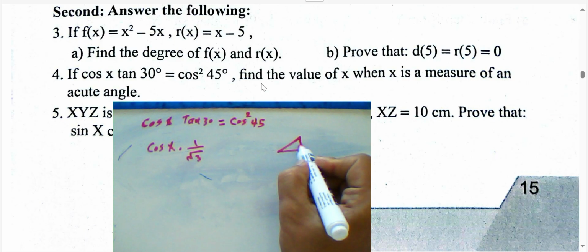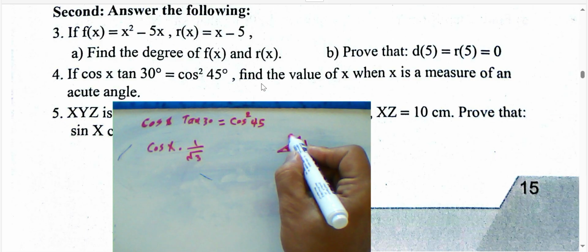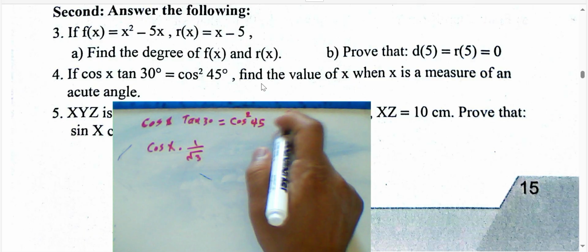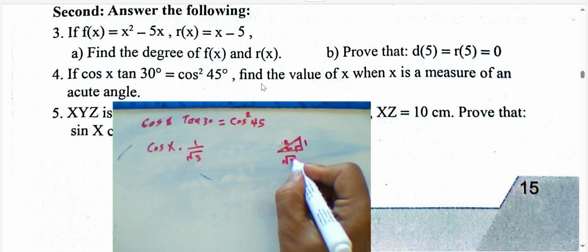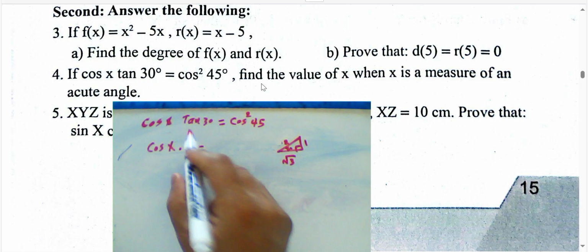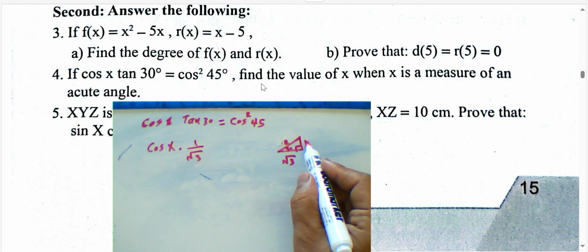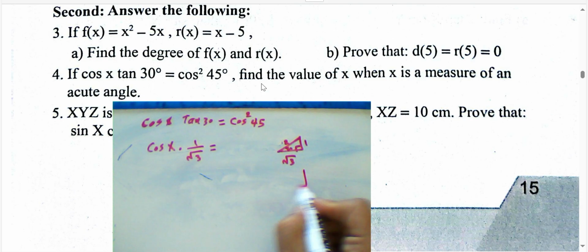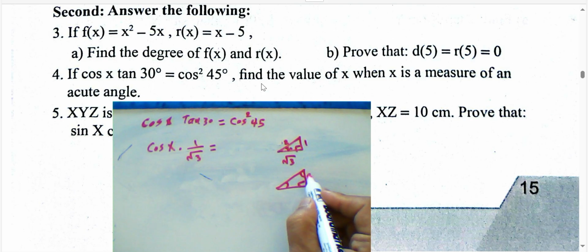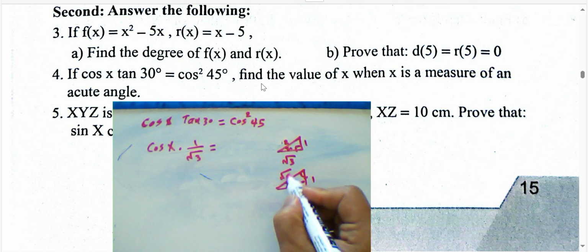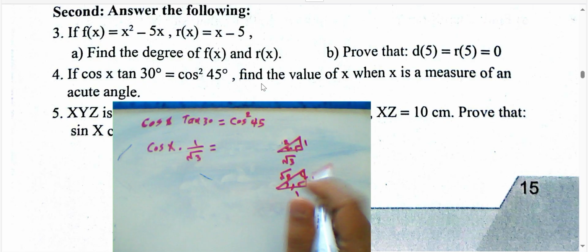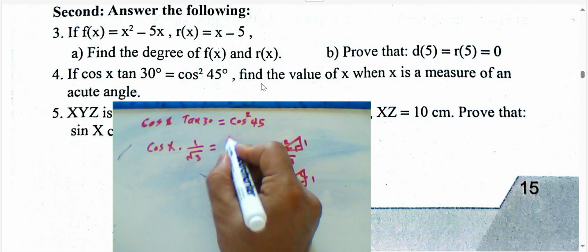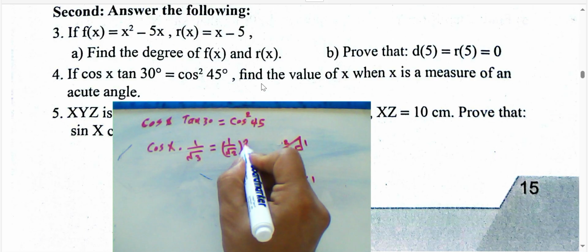From a right angle triangle with sides 1, 2 and root 3, tan 30 is 1 over root 3, opposite over adjacent. Cosine 45: from a right angle isosceles triangle with sides 1, 1 and root 2, cosine 45 means adjacent over hypotenuse, 1 over root 2, all power 2.